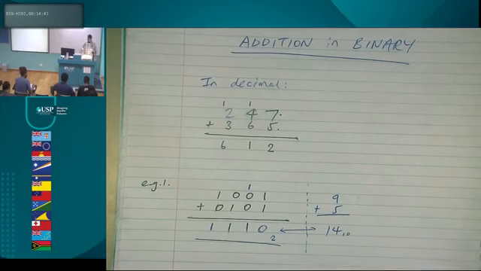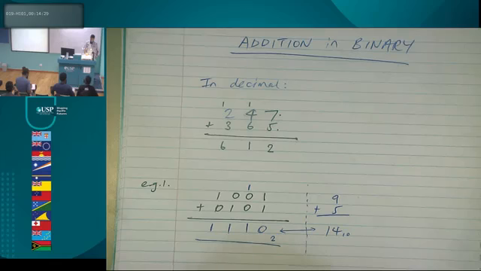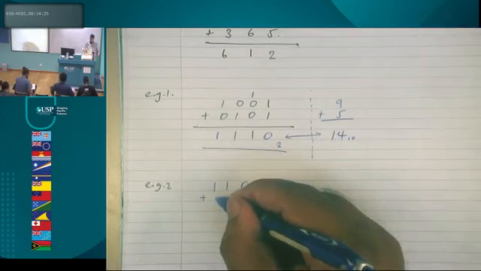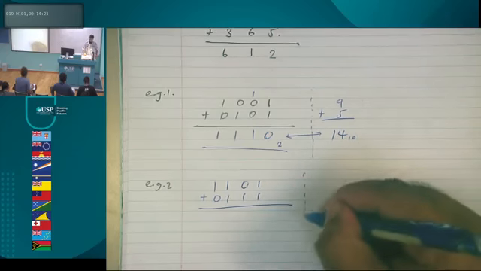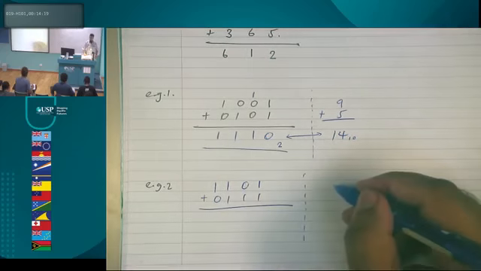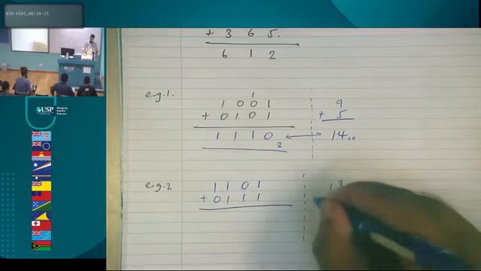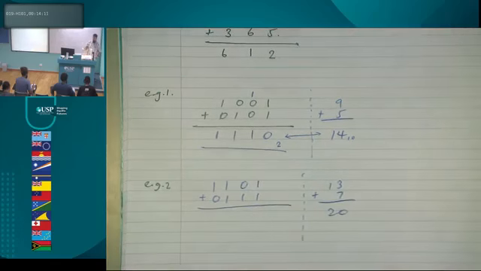Now let's look at example number 2. Let's start off with 1101 and add a bigger number, let's say 0111. Let's see the equivalent. 1101 is 13, and 111 is 7. So we are expecting the number 20.